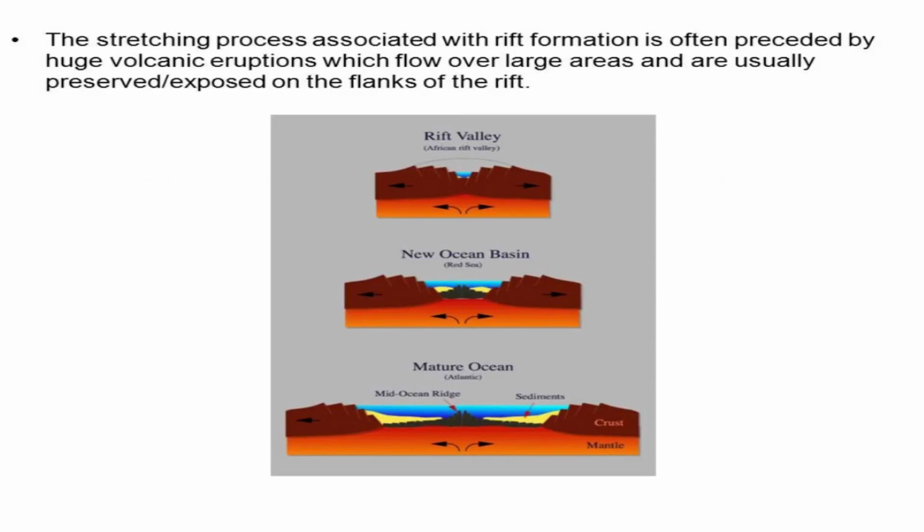So, the stretching process associated with rift formation is often preceded by huge volcanic eruptions which flow over large areas and are usually preserved exposed on the flanks of the rift.